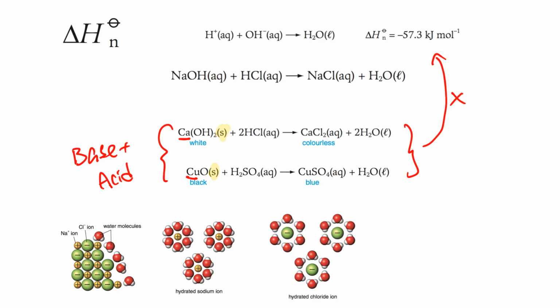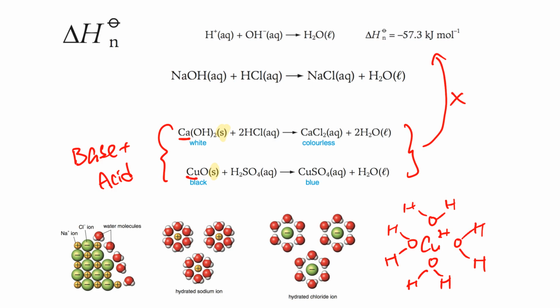But at the same time, this spectator ion will also be solvated by the water molecules. So it is just like Cu2 plus in the middle, and then you have the OH minus, the water surrounding it. This kind of attraction between the water molecule and the metal ion will also release energy.